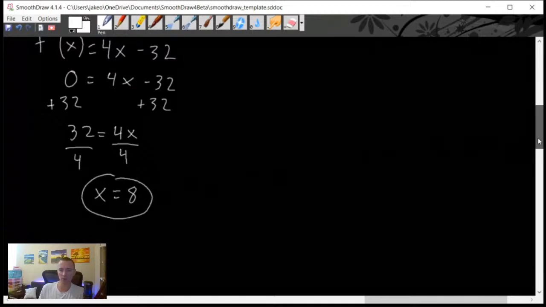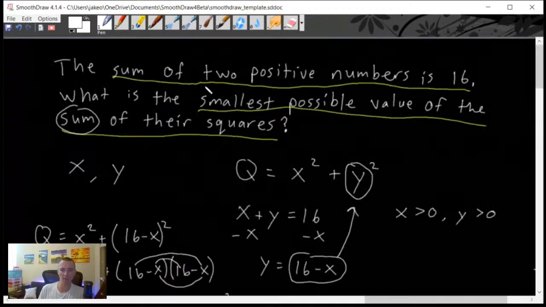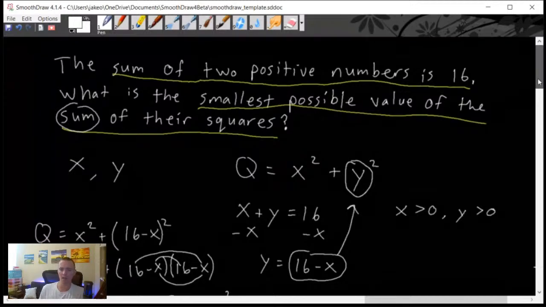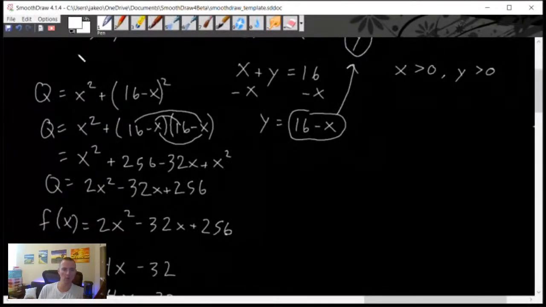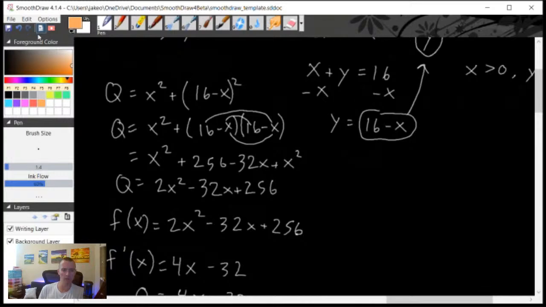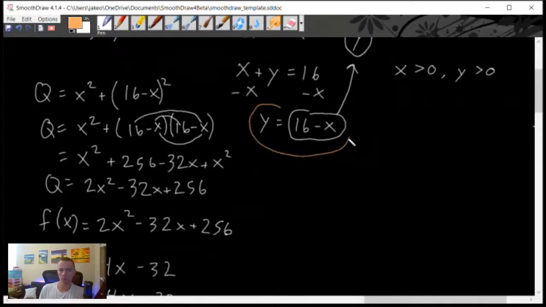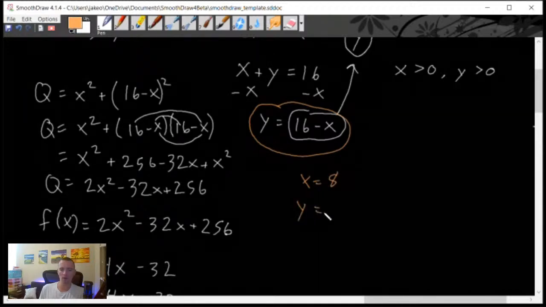And in fact, this is a positive number, so we know that it meets the fact that we have to find 2 positive numbers. And now what we can do is go back to this equation we found when we solved for one of our variables in terms of the other one. If we know x equals 8, we can find y by plugging x into this equation. So we get 16 minus 8, which is 8.